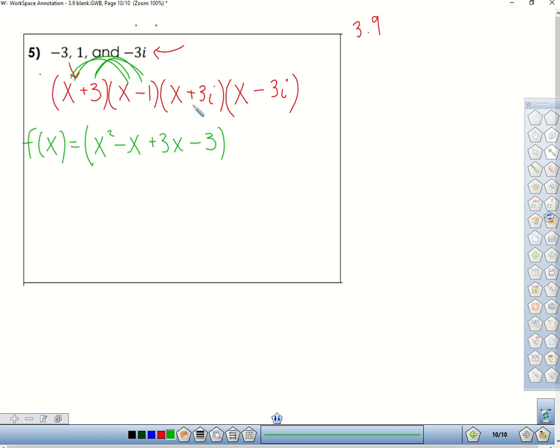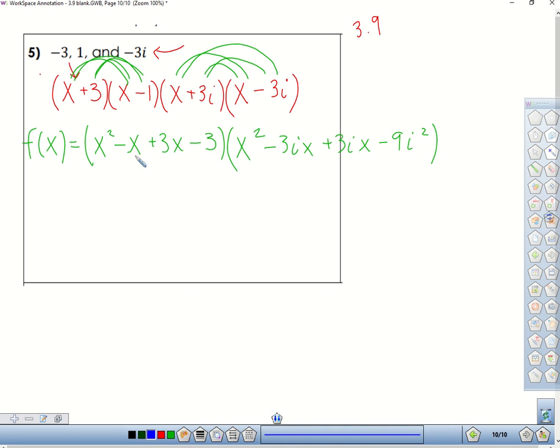minus 3. And then over here, that's going to be x squared minus 3ix plus 3ix minus 9i squared, like that.